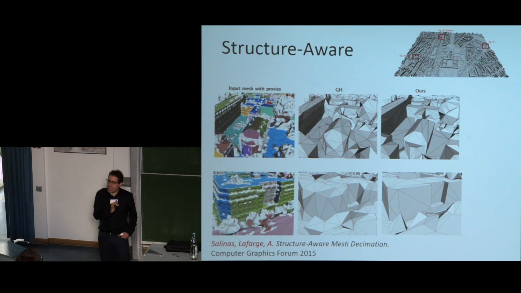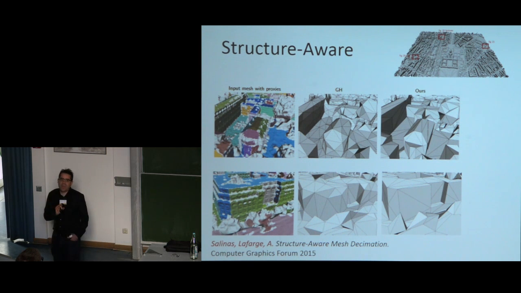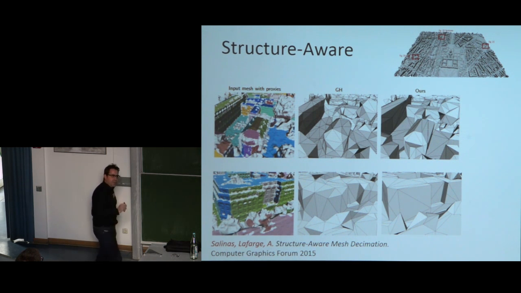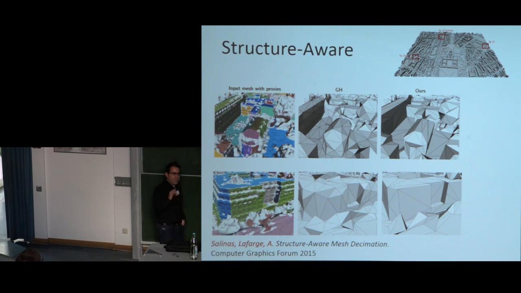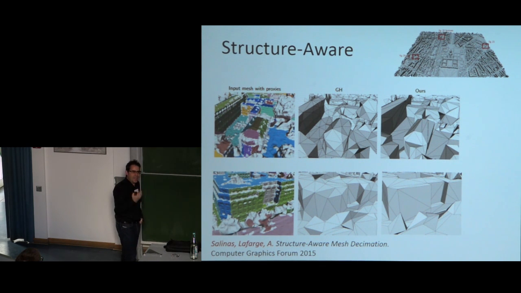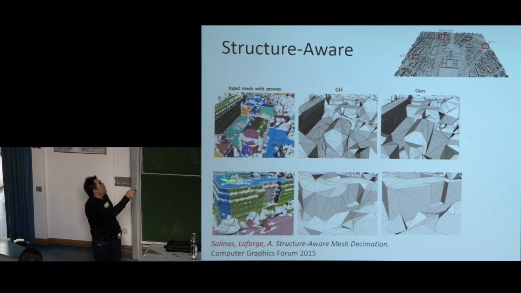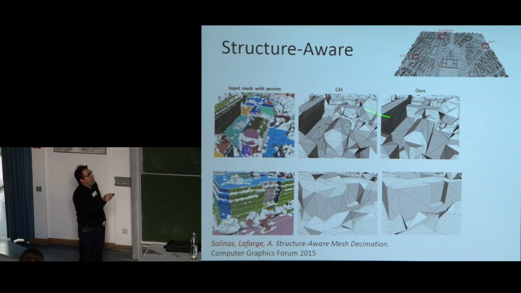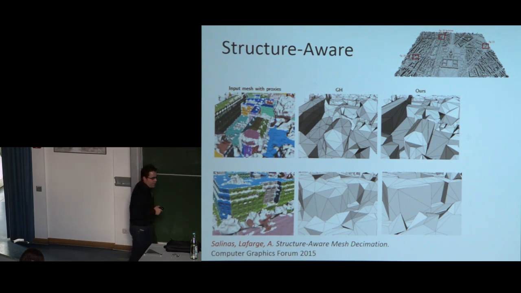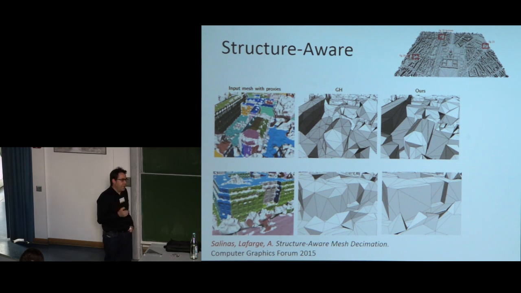This type of algorithm leaves the door open to better preserve the structure that has been detected through prior analysis of the input mesh data. And this algorithm has also already been integrated into an industrial product for modeling of large-scale cities.